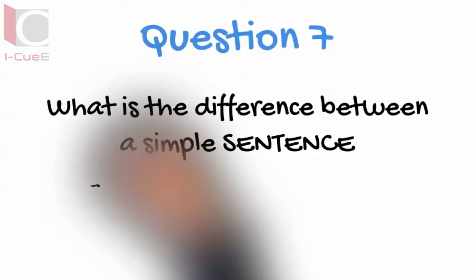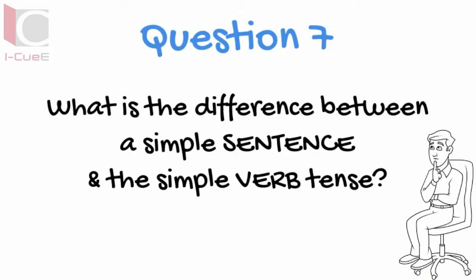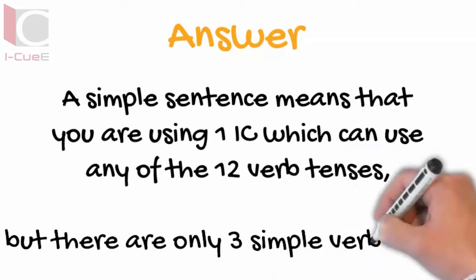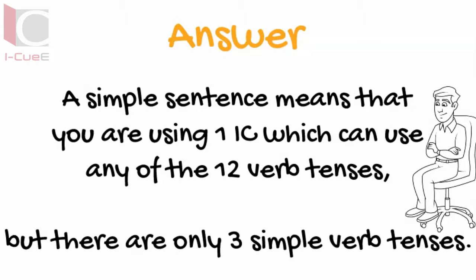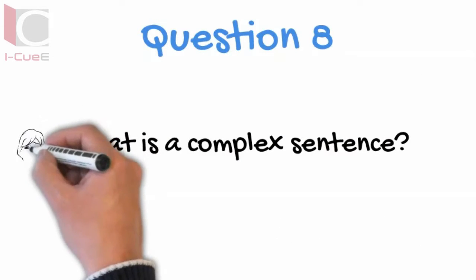What is the difference between a simple sentence and the simple verb tense? A simple sentence means that you are using one independent clause, which can use any of the 12 verb tenses. But there are only 3 simple verb tenses. What is a complex sentence?